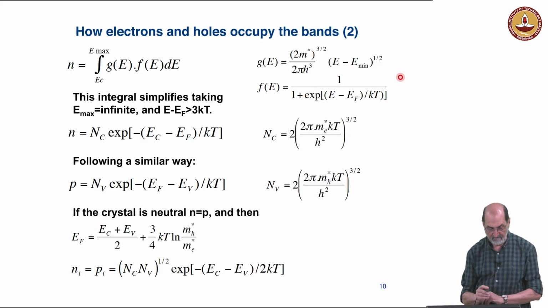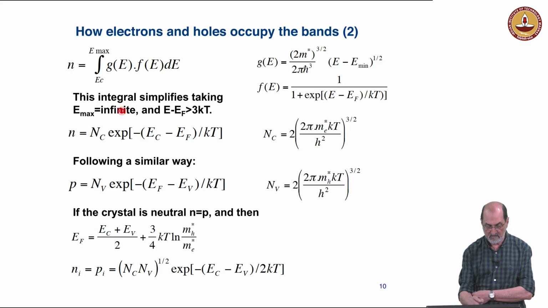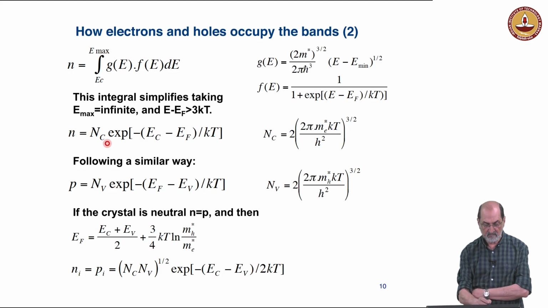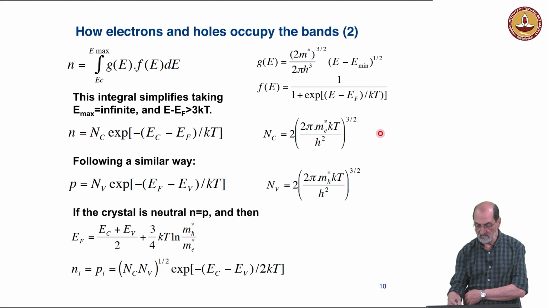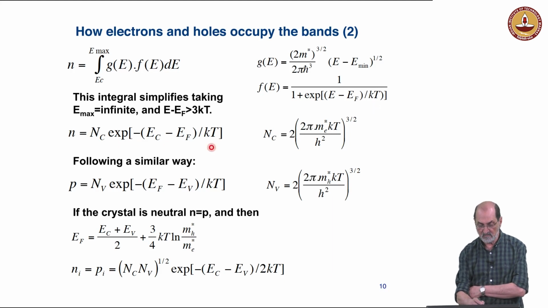So we can make the integral, and it ends up with this form, which is not very difficult. We have some NC, which is a constant, regularly known as the effective density of states, and an exponential.